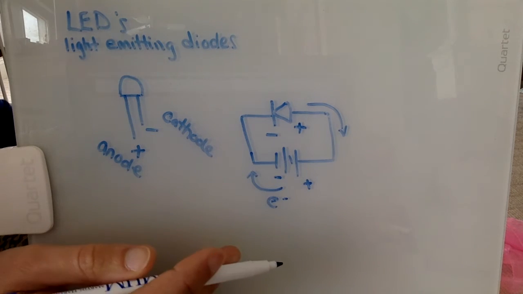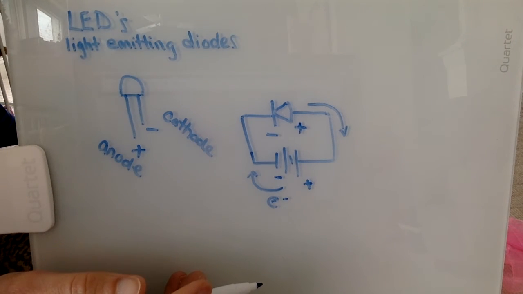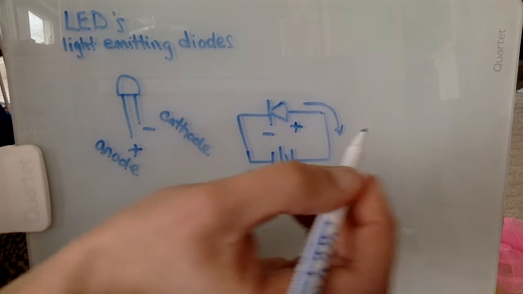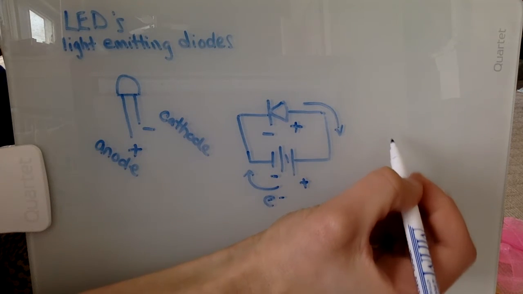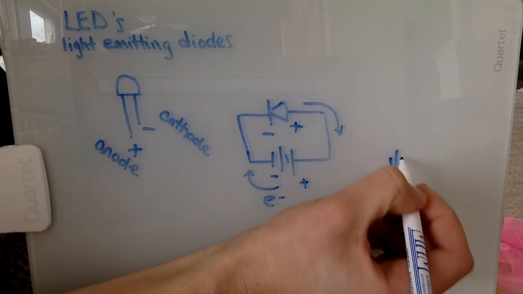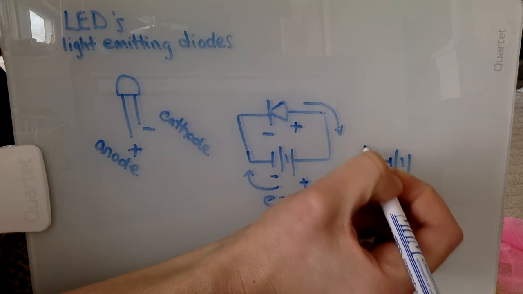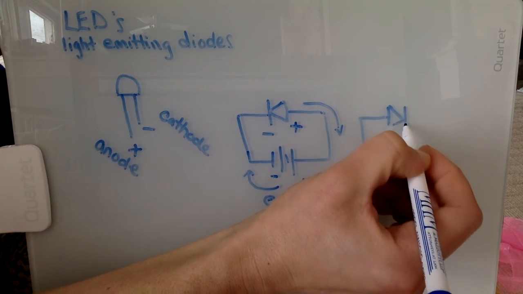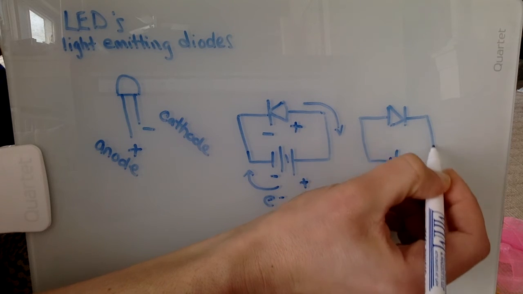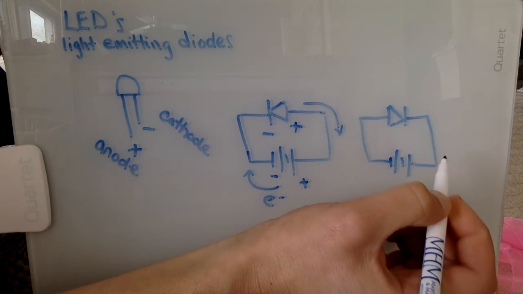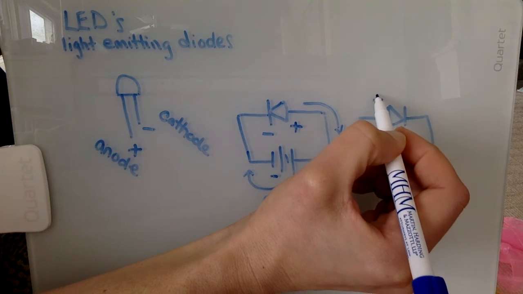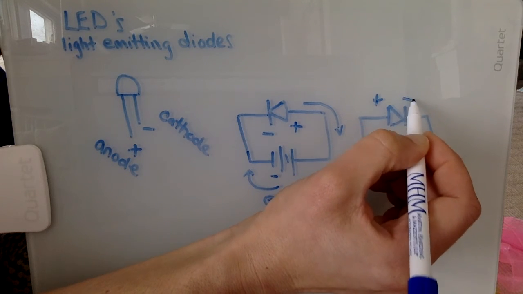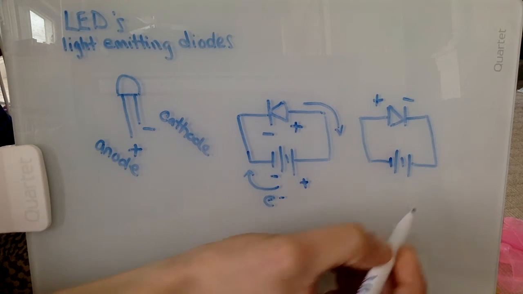If you were to flip that around, I'm going to draw another diagram over here. If I were to draw my same battery, right up here I'll have my LED, but I'm going to flip my LED. So now the anode is meeting the negative side of the battery and the cathode is meeting the positive side.